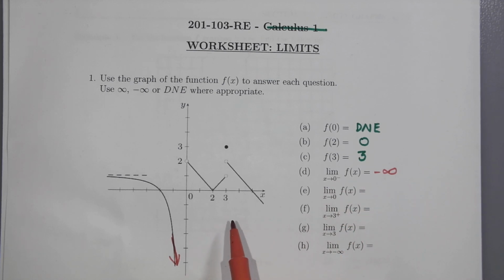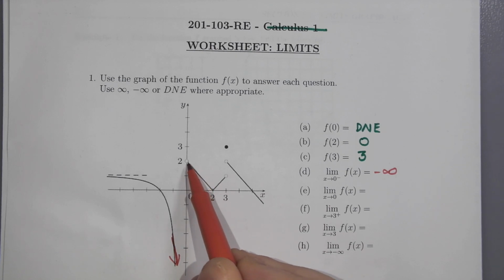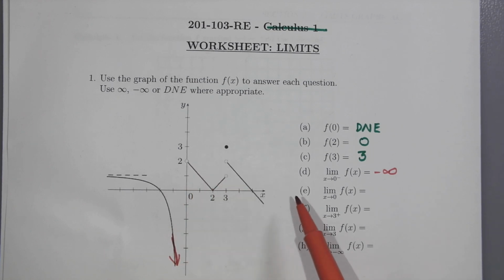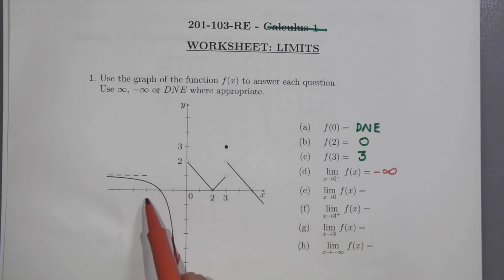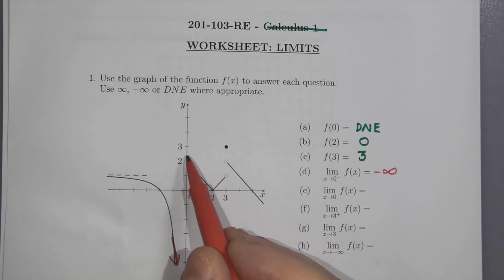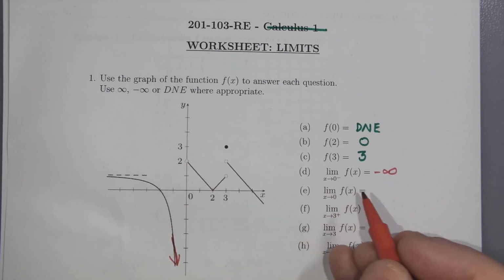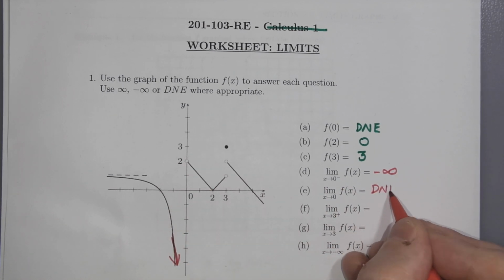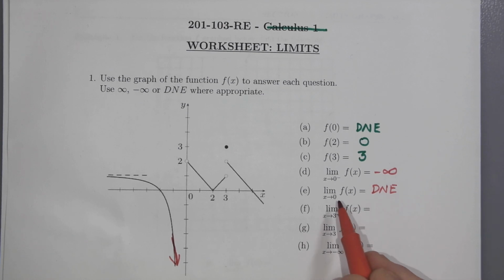The limit as you approach 0 from the right gets really, really close to the output of 2. Since those are different, the limit as x approaches 0 in general is ambiguous. From the left, I can see negative infinity. From the right, it's getting close to 2. So this is a does not exist because there is no unambiguous value we can give to the limit as x approaches 0.